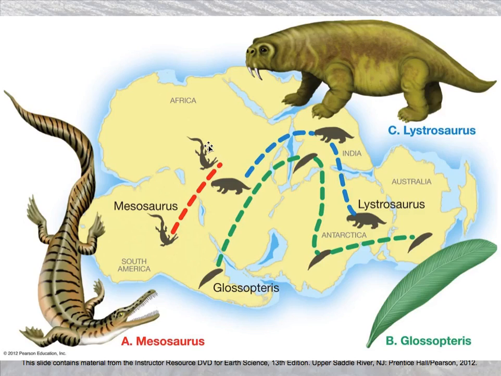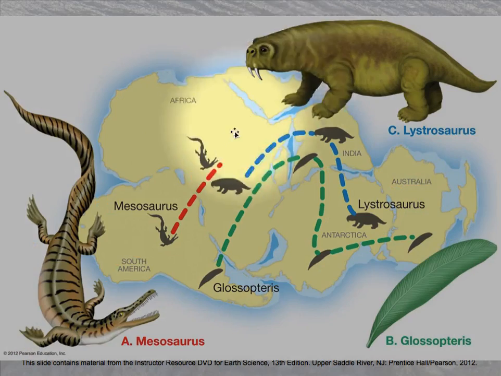However, a more reasonable, simpler explanation is that the fossils that you find in South America versus Africa are actually representative of the same community of organisms that were at one point in contact. In fact, it was just one ecosystem that eventually got separated by geologic processes.